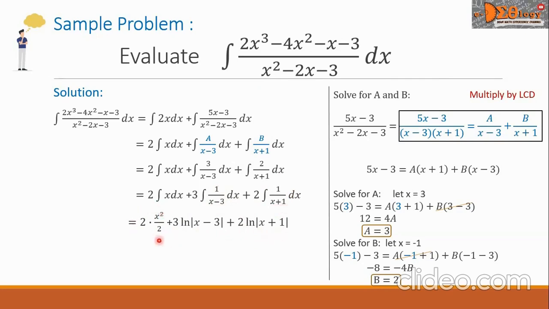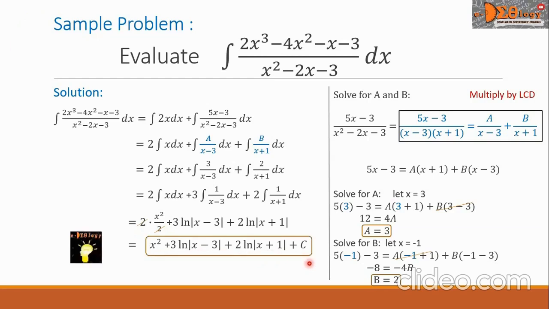We can simplify the first expression, where we can cancel the 2 and the denominator 2. Writing now the final answer, we will have x squared plus 3 ln of the absolute value of x minus 3 plus 2 ln of the absolute value of x plus 1, then plus C. This is now the final answer.